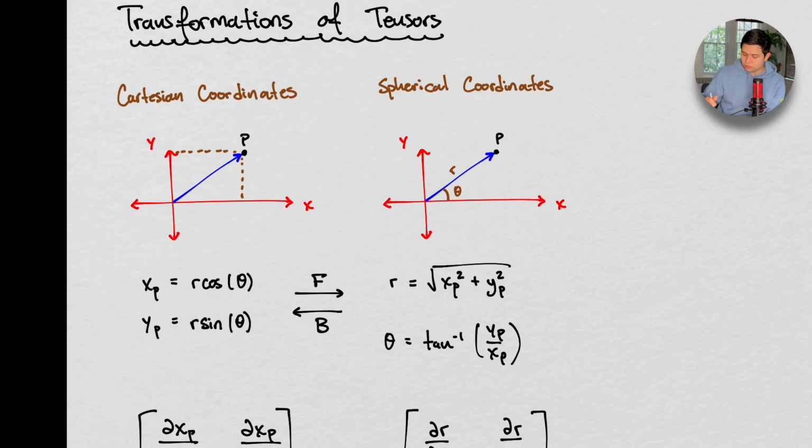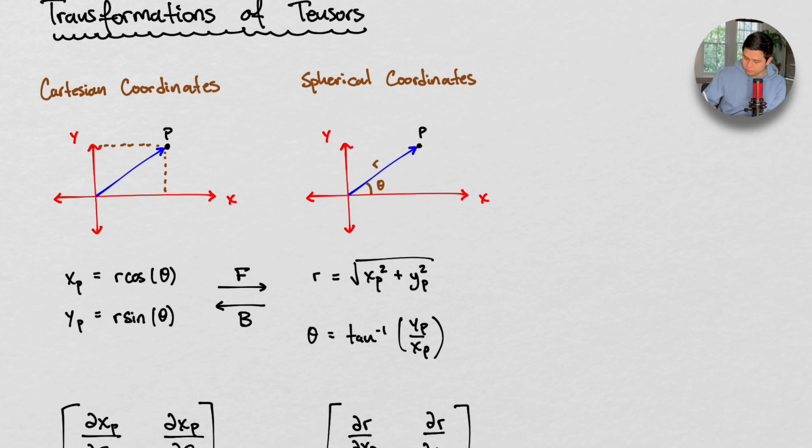In 3 dimensions, for 3D, we're going to have x, y, and z for our Cartesian coordinates, and for spherical coordinates, we're going to have r, theta, and an extra term, so 2 angular terms. So here, I'll write it right here actually. For 3D, we have x, y, and z, and then for spherical coordinates, we have r, theta, and phi.